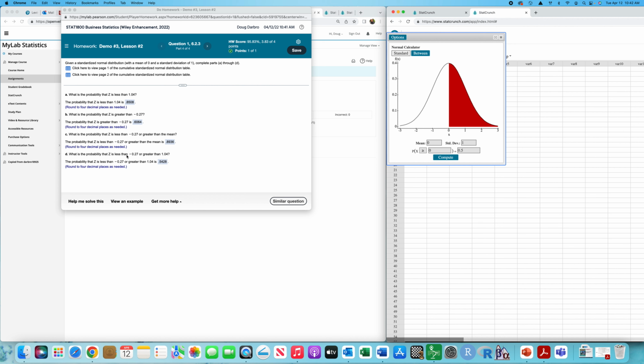Same thing, less than negative 0.27. So I need to take 0.394 and add that to the probability of greater than 1.04, which is 0.149.